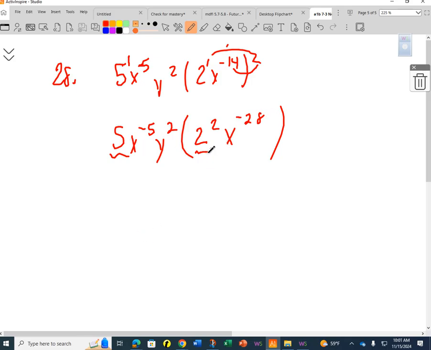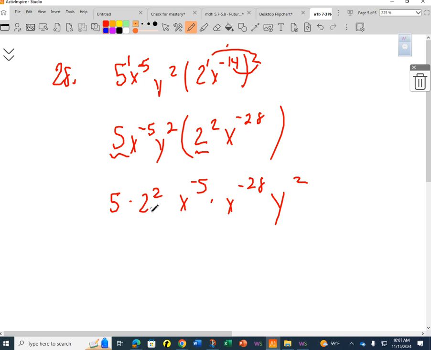So 5 times 2 squared, x to the negative 5th times x to the negative 28th, right? And there's nothing else to multiply the y by, so we're just bringing the y squared down. You do not have to rewrite it like this in this step. If you can do that part in your head and you don't want to rearrange them, you don't have to. But if you're struggling, more steps is better than less steps.